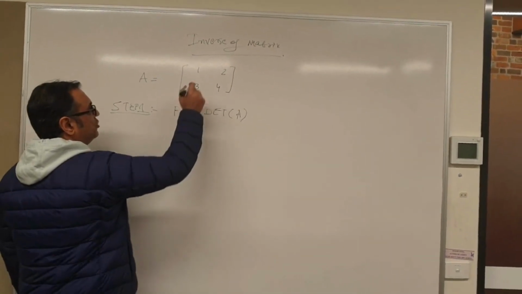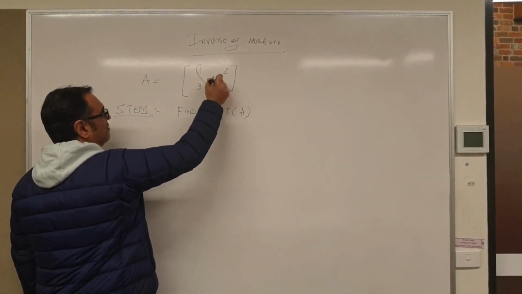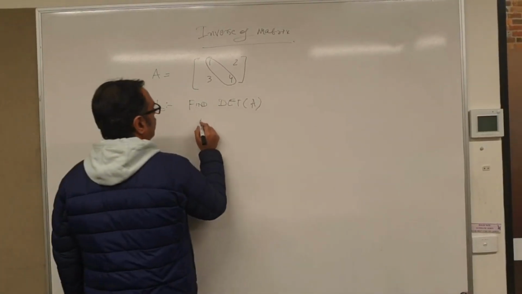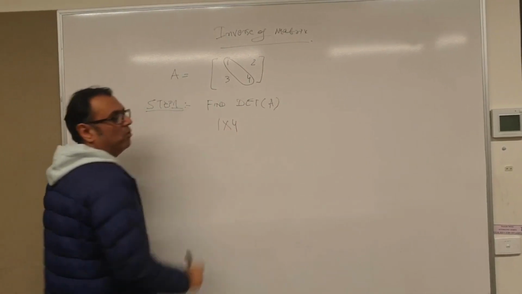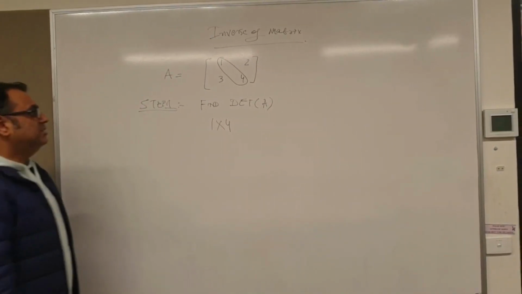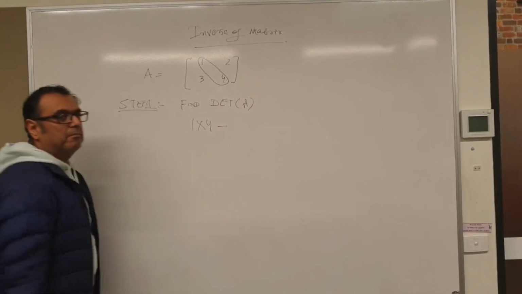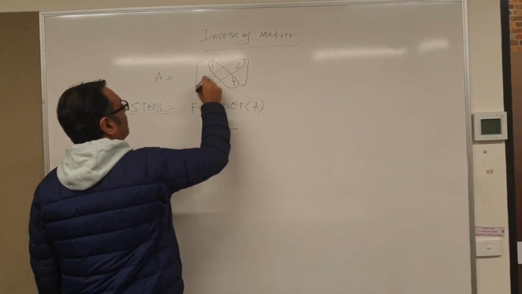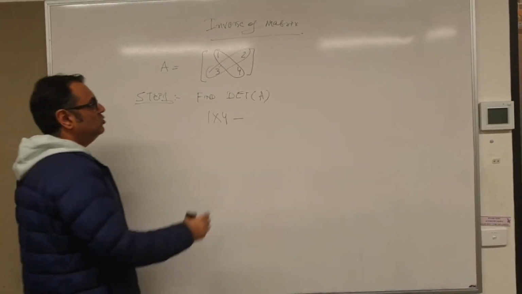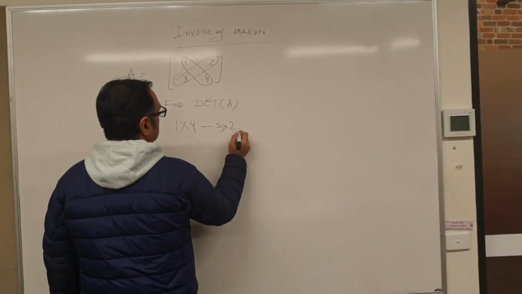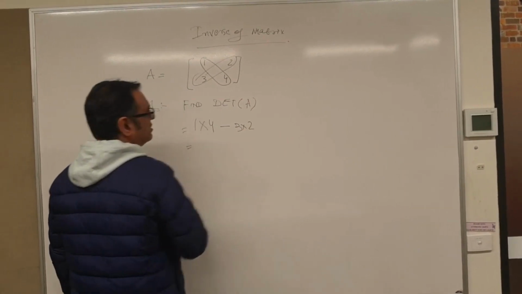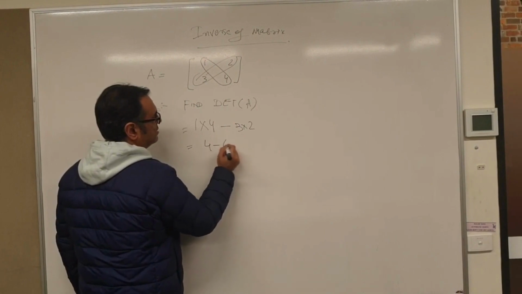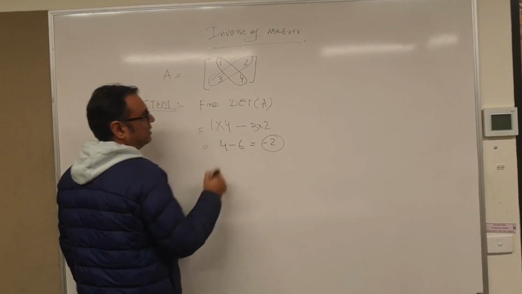So how do you find the determinant? You pick up the elements of the leading diagonal and multiply them. So you'll say 1 times 4, minus the product of the other diagonal, 3 times 2. Let's check the answer. It is 4 minus 6, which is negative 2.